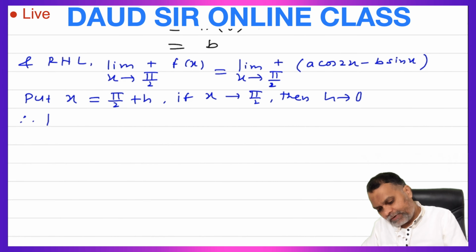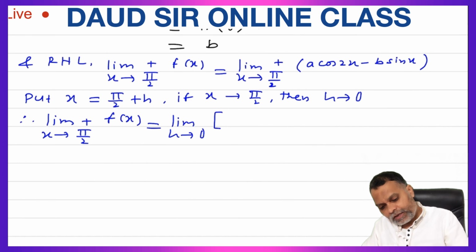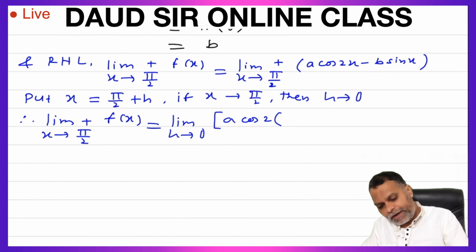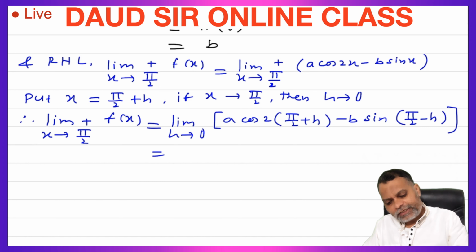Therefore right hand limit will become limit x tends to pi by 2 plus f of x is equal to limit h tends to 0 of a cos 2x, where x is equal to pi by 2 plus h, minus b sin x, where x is equal to pi by 2 plus h. Simplify this. Put h is equal to 0.